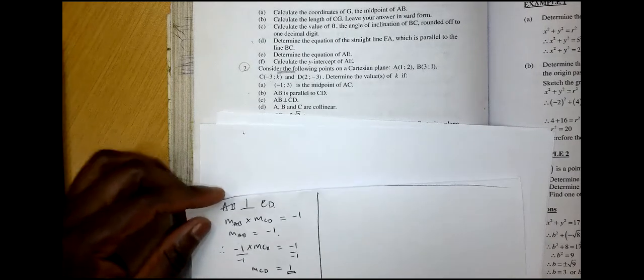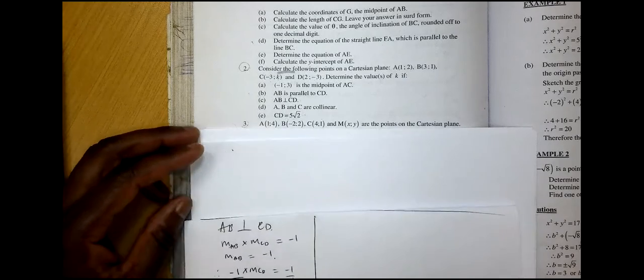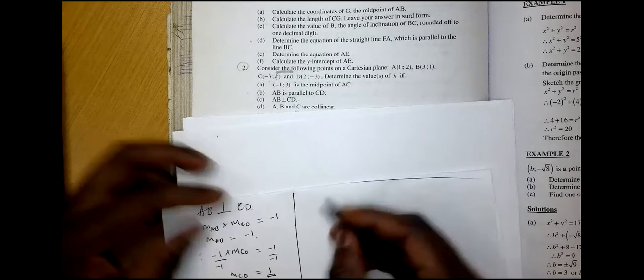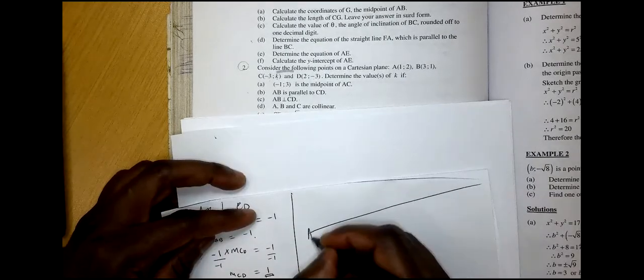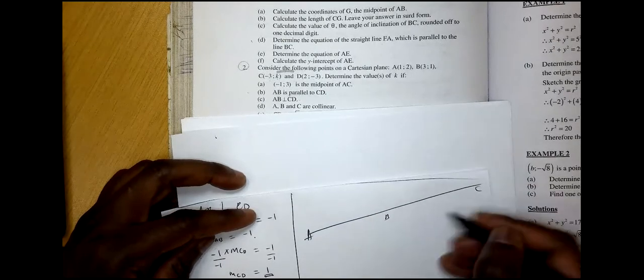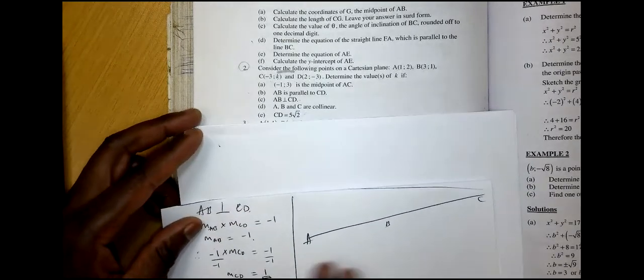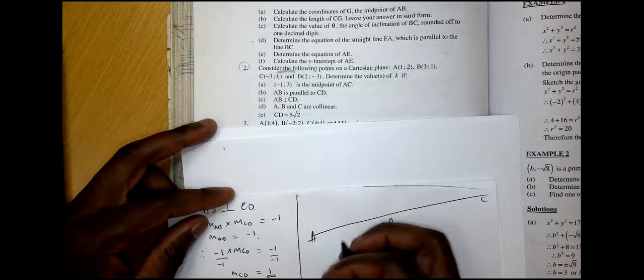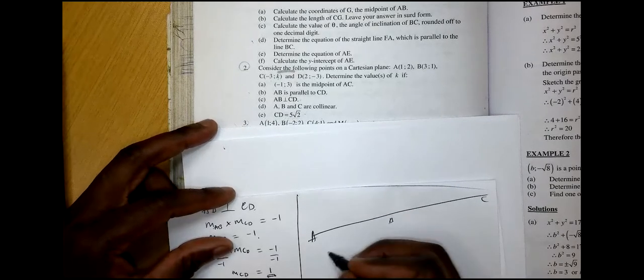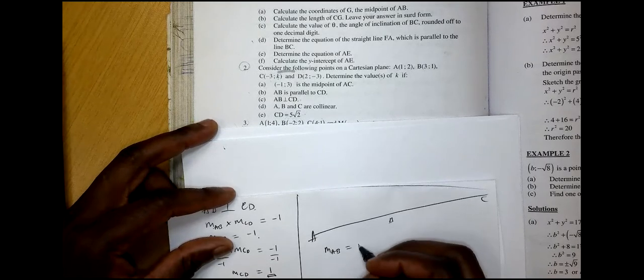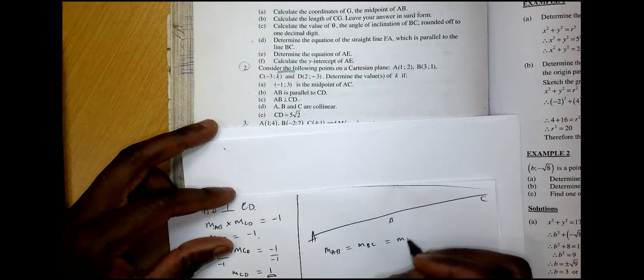Now we want to know, if A, B, C are collinear, meaning A, B, and C are collinear, what does that mean? It means that the gradient of AB is equal to the gradient of BC is equal to the gradient of AC.